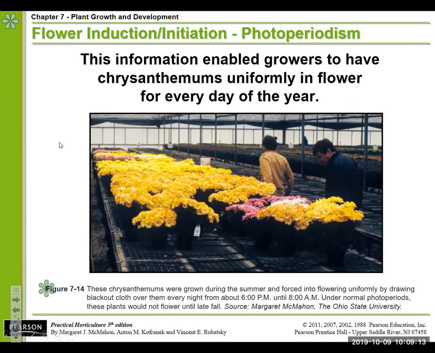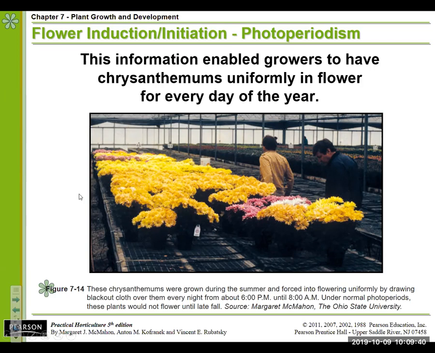Once we learned how these plants react to photoperiod, it actually allowed us to alter the way that we grow some plants. For instance, in this case, we're looking at chrysanthemums for cut flowers. And we want these chrysanthemums basically to produce flowers as often as possible so we can continue to harvest them.